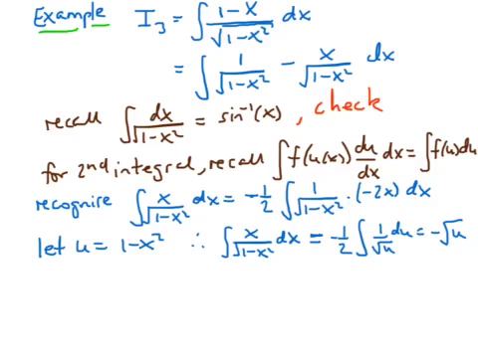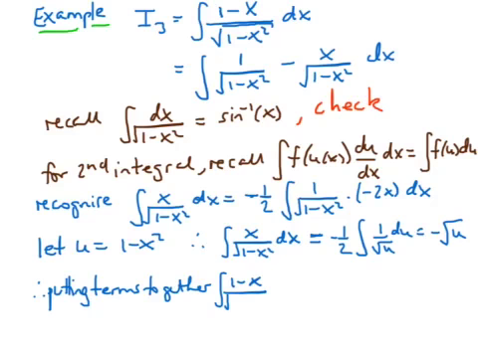So, putting terms together, the integral of 1 minus x over the square root of 1 minus x squared with respect to x is going to be, well, our first term we recognised as arc sine of x.